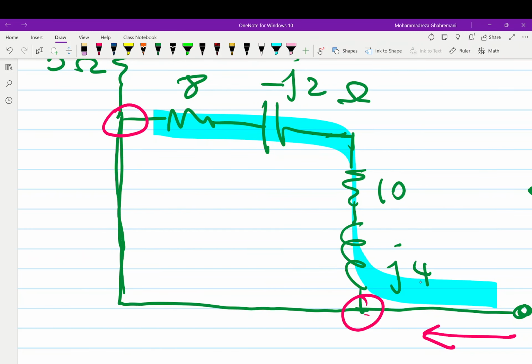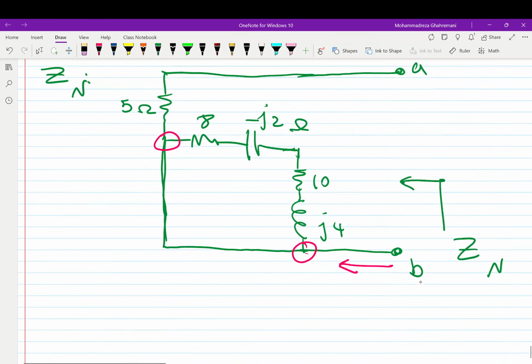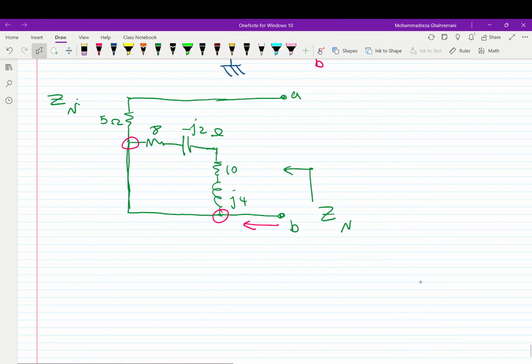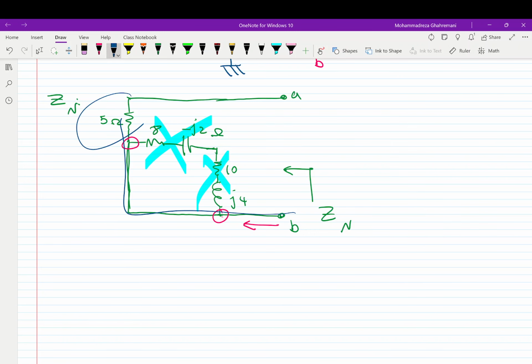Now this and this are out of the circuit, and the circuit will be simplified to only one resistor, which is 5 ohms. So we can simply say that the Z Norton is equal to 5 ohms.